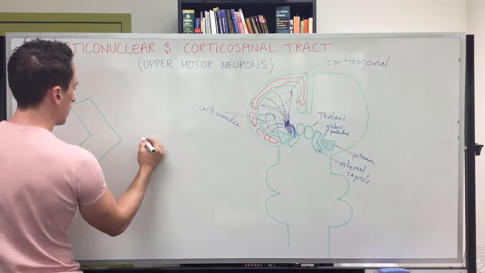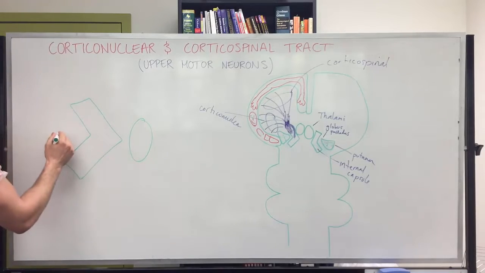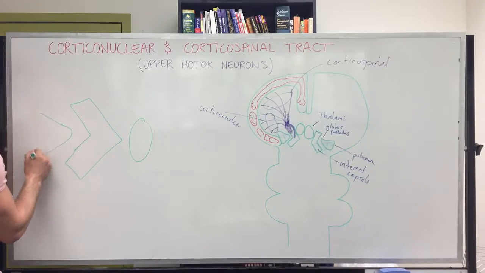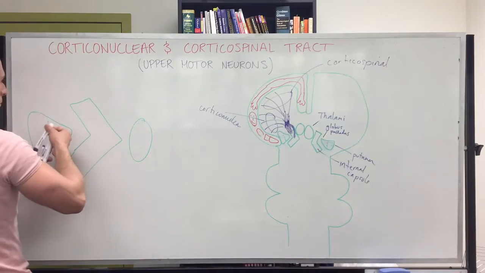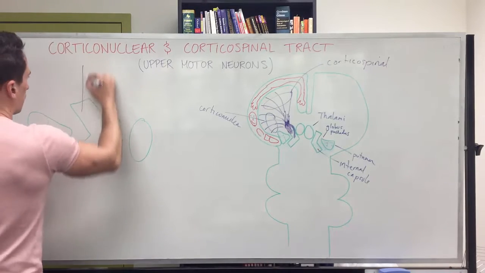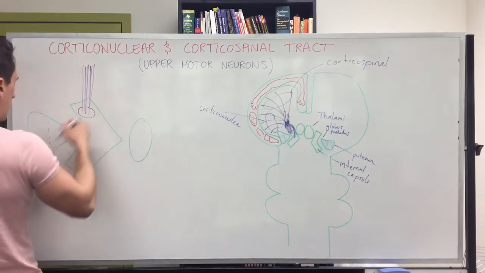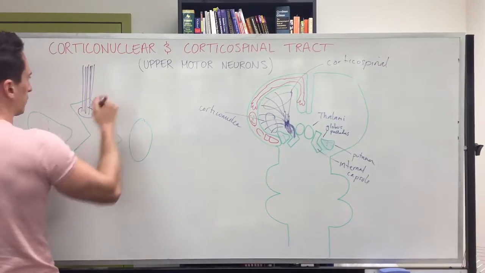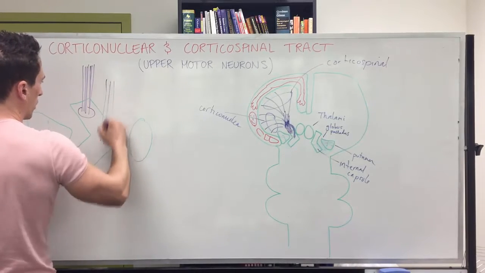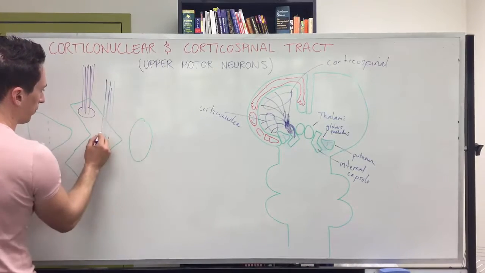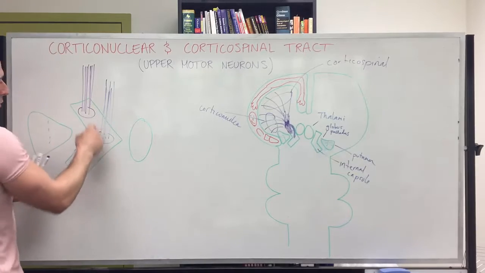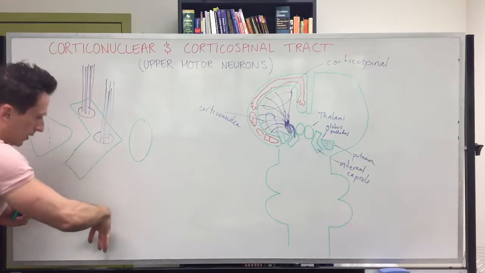You're going to have the thalamus and the globus pallidus putamen. Corticospinal moving through there, and the corticonuclear moving through here at the bend, through this internal capsule, descending down.